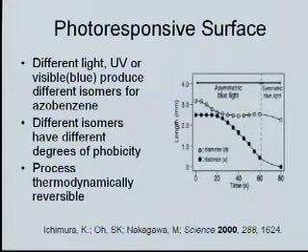And photoresponsive surface. This is a paper by, I don't want to mess up their name, Ichimura and Nakagawa. If I screwed up their name, I apologize to them. They used different lights to activate isomers of an azobenzene on the surface. They noticed a difference between the UV and visible blue light in which isomer was produced, and this created different gradients going up the hill.